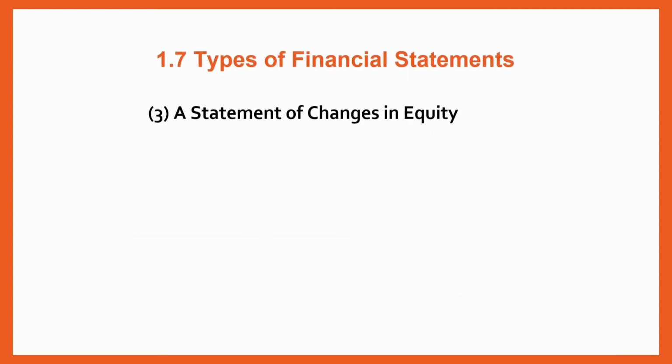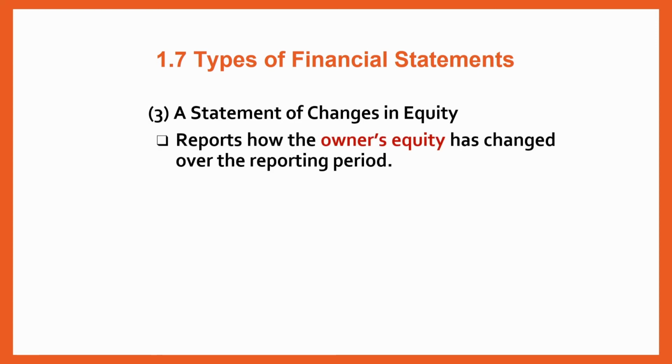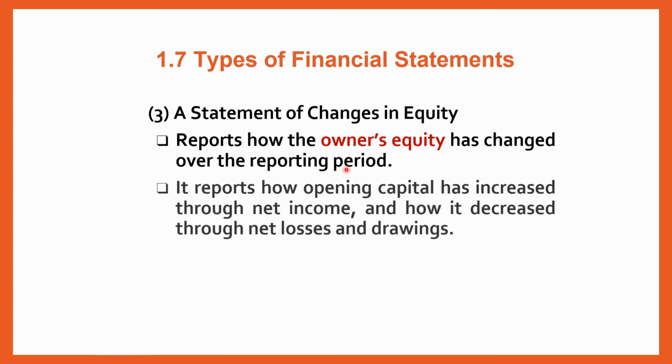And another type of financial statement, a statement of changes in equity. It reports how the owner's equity has changed over the reporting period. It also reports how opening capital has increased through net income and how it decreased through net loss and drawing.